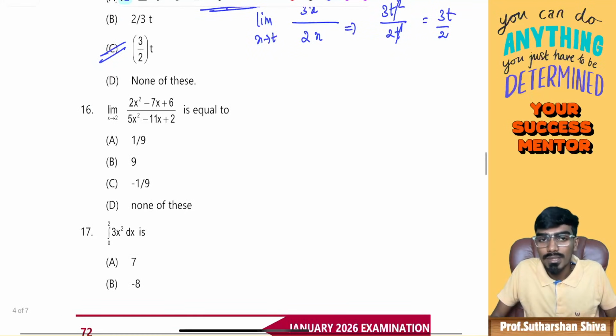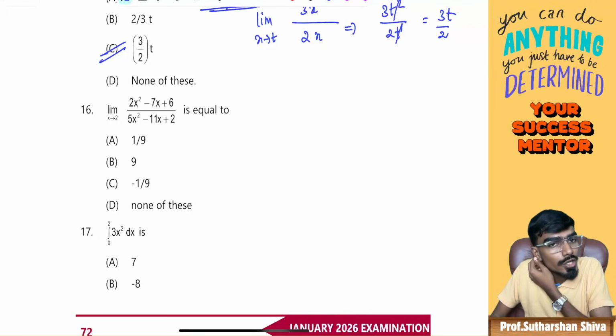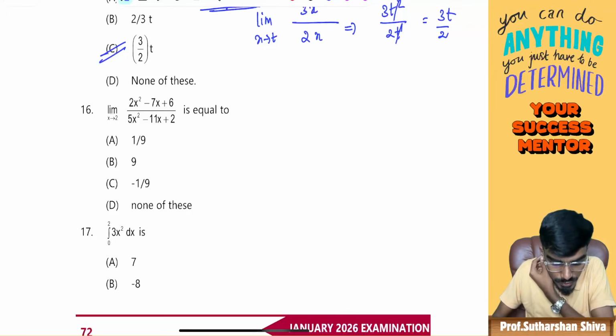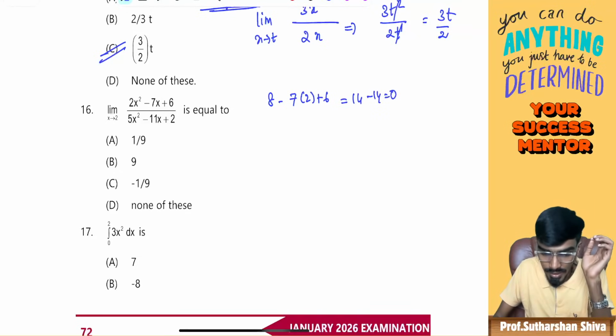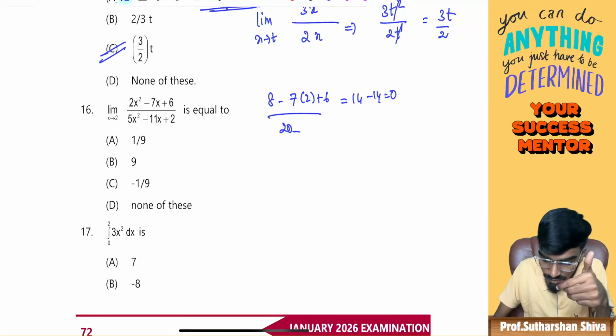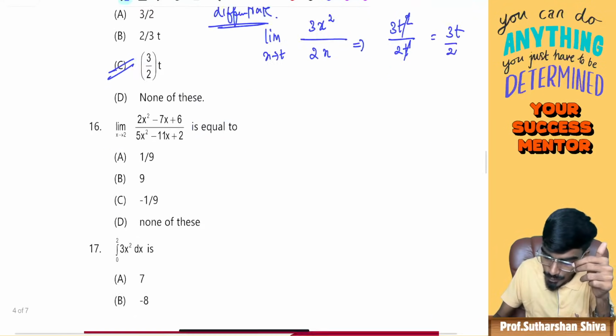Now come to question number 16. Limit as x tends to 2. So I will be substituting 2 in the numerator. 2 square is 4, 4 twos are 8. 8 minus 7 into 2 plus 6, which is nothing but 14 minus 14, equal to 0. Again in the denominator also, 5 into 2 square is 4, 5 fours are 20. So 20 minus 11 into 2 is 22, plus 2, which is again 0. So this time also we will be following L'Hopital rule.